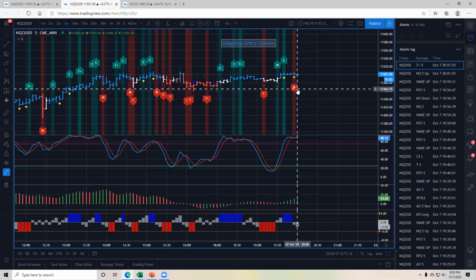And so, Paul, if you're trading all of the adaptive entry system signals, I would personally have all of the alerts that are available for AES set. Wake Up is completely up to you. The Wake Up alert notifies you X amount of seconds before the next bar. It defaults to 30 seconds, and you can use the alert program through TradingView to have it register a sound.